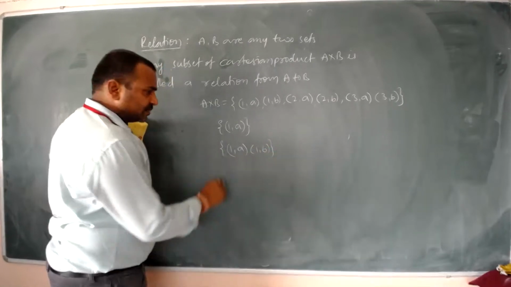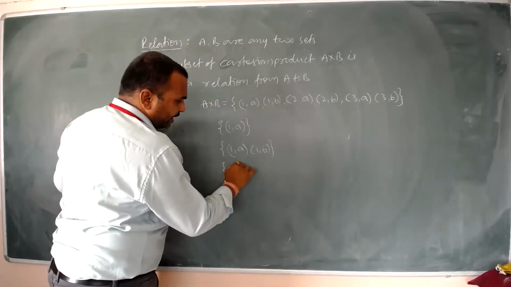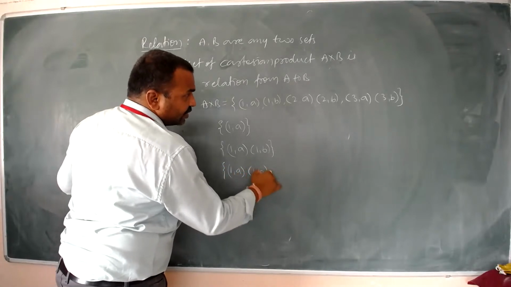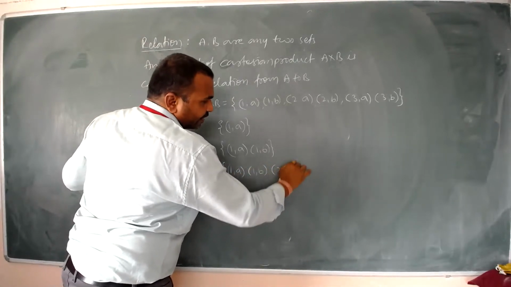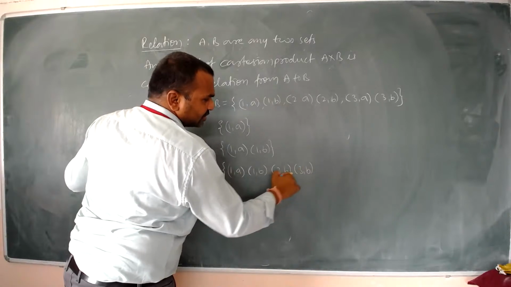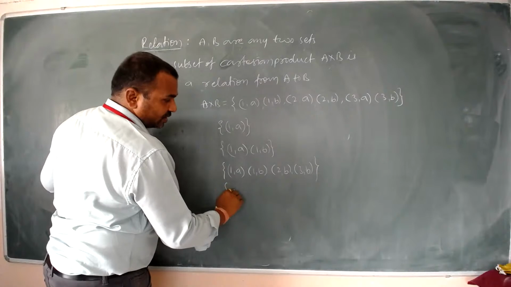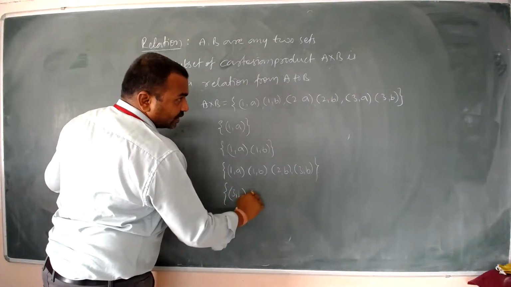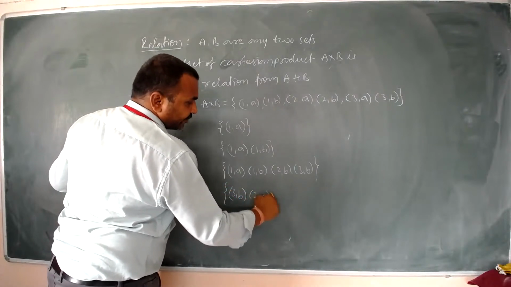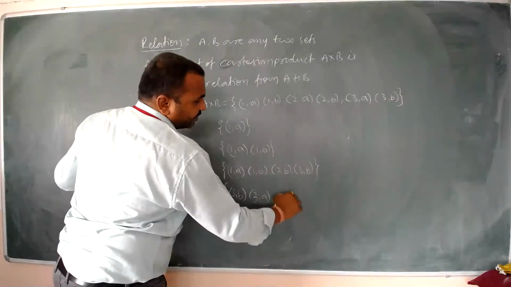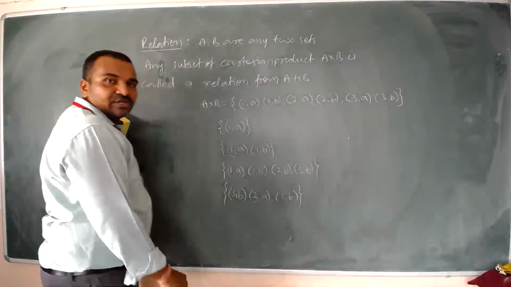This is also one of the subsets. Next {(1, a), (1, b), (2, b), (3, b)}. This is also one subset. Next, I will take one more subset: {(3, a), (1, b)}. I'm taking like this. This is also one subset.